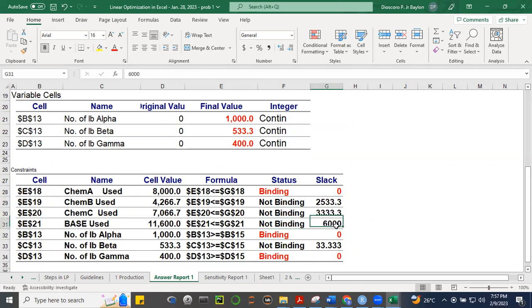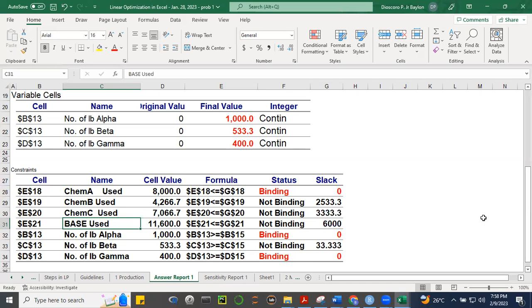Imagine ito. Tapos sabihin ng staff mo, bili pa tayo ng base na 1,000 ounces. Diba? Ang sasabihin mo, why should we buy that? Diba? Meron nga tayong slack na we have a slack of 6,000 pounds. So it doesn't make sense to buy more base. Diba? Unless may mga contravening factors. For example, ito mahirap bilhin to. Kunyari lang, I'm just hypothesizing.